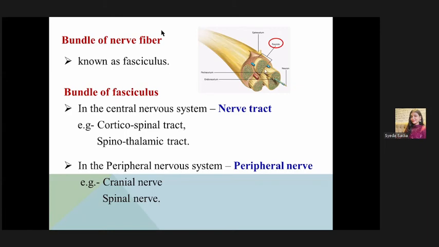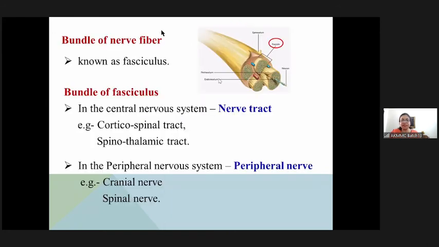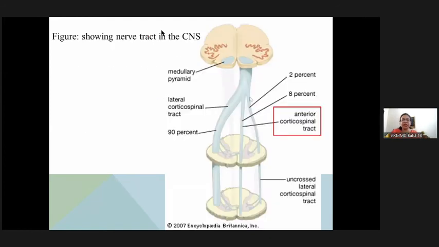Bundle of fasciculus inside the central nervous system: here we see one bundle of fasciculi. When many such bundles come together, what will be the name of this bundle inside the central nervous system?